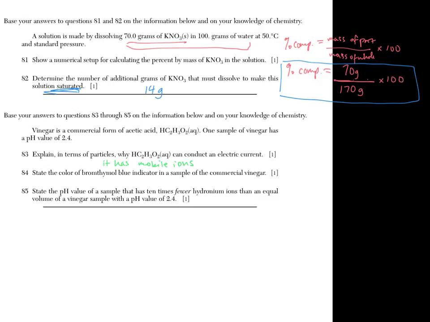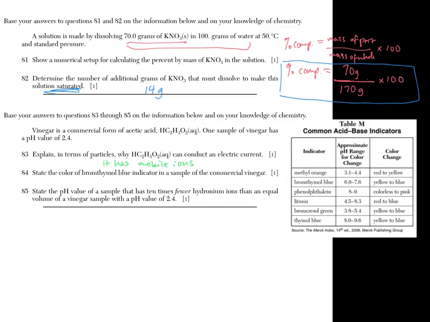It has mobile ions. Number 84, state the color of bromthymol blue indicator in a sample of the commercial vinegar. So we're going to need to use the reference table for this. All right, bromthymol blue is right over here. And the color change is from yellow to blue. It goes from yellow to blue, somewhere within this range.